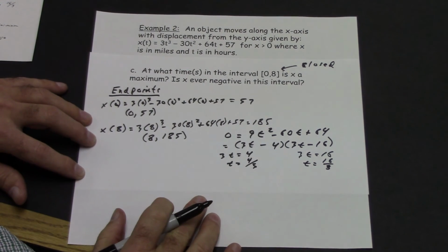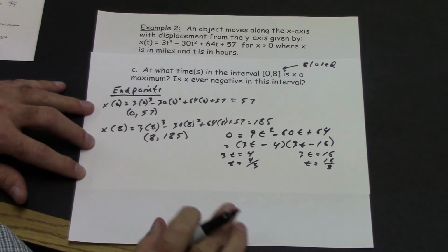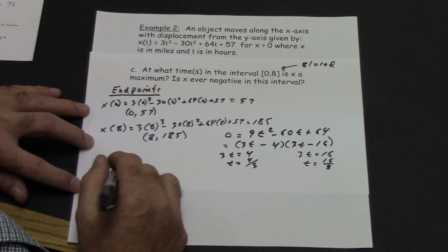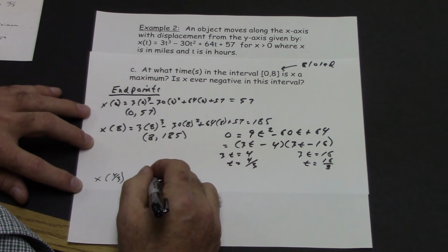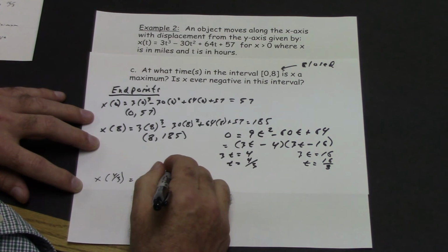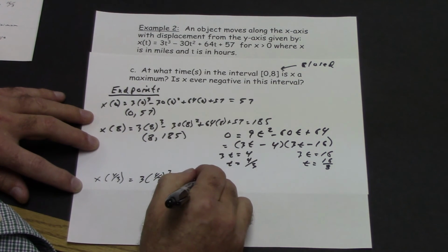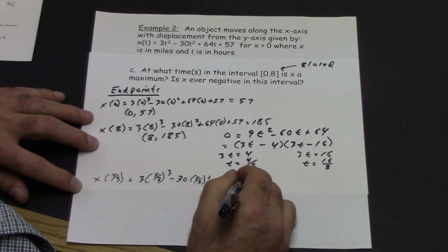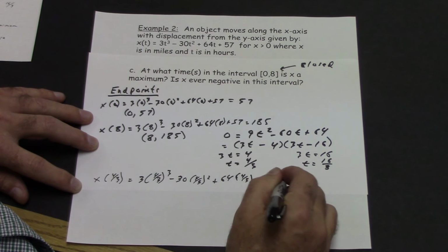Let's see what's happening now. So let's take each of these and substitute into our position function. Let's see if we get a value greater than 185. So let's try the 4/3 first. So the position at 4/3. Once again, this is 3 times 4/3 cubed minus 30 times 4/3 squared, plus 64 times 4/3 plus 57.